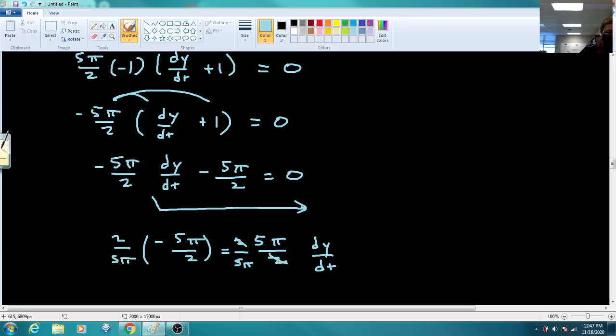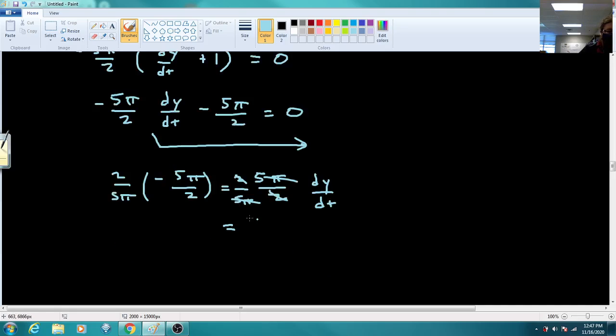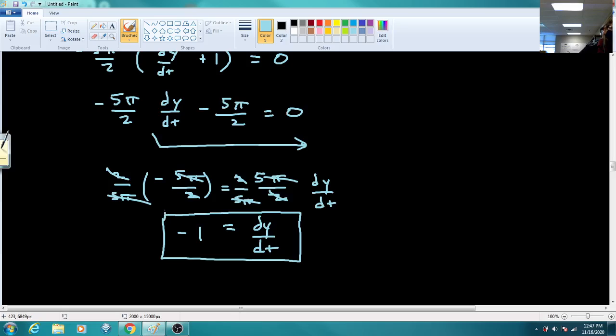So this cancels, this cancels, we get dy dt, here cancels, cancels, negative still around. So we get negative 1 is the slope of the tangent line to that graph at that particular point.